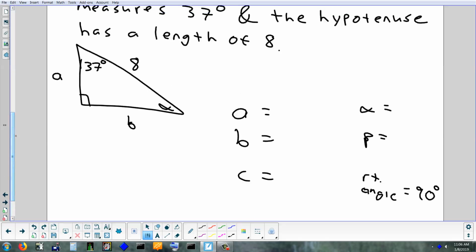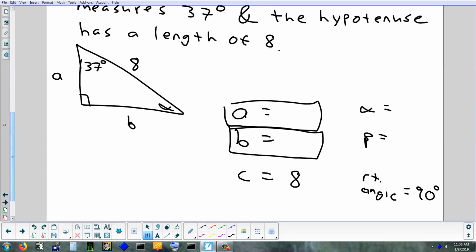Okay. A and B I don't know. So I put boxes around them because I'm going to find them. C I know is 8. 37 is across from B. That makes it beta in my problem. And alpha, we don't know. Okay. So any questions on the picture or the table I just set up?